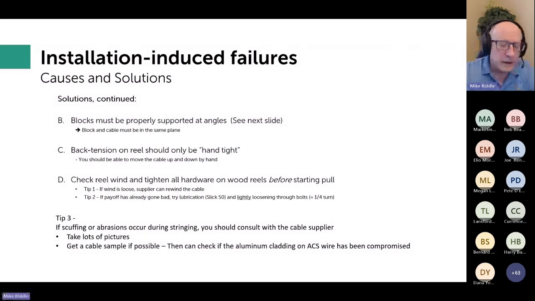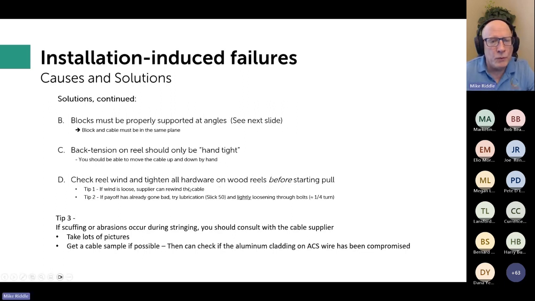I know you've got a project schedule to keep. Ideally, you would inspect the cable when it arrives. And if they try to send you a reel with a bad wind, that's the best time to catch it and get it fixed before you have a problem in the field. They may complain a lot, but if the wind is bad, you should insist that they fix it.